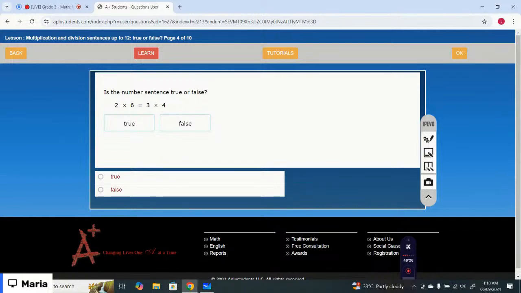True it is, right? 2 times 6 is 12 and 3 times 4 is 12. So the correct option is true. Option number 1 is the correct option.